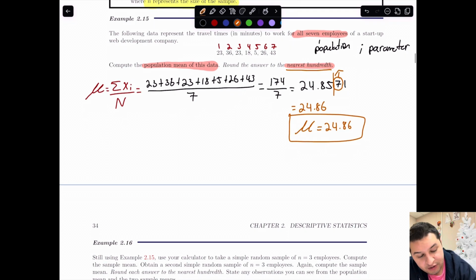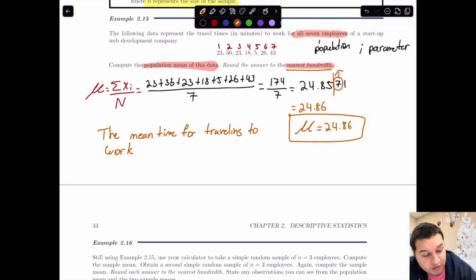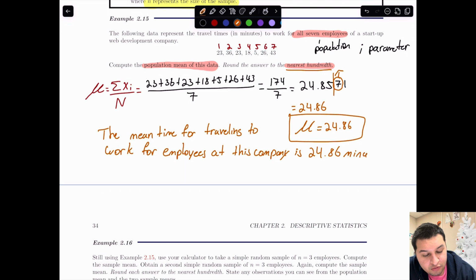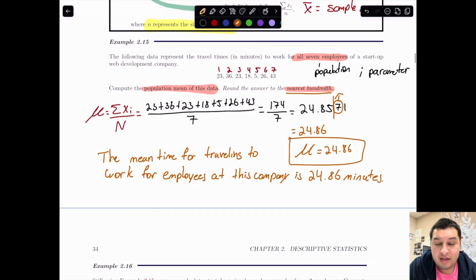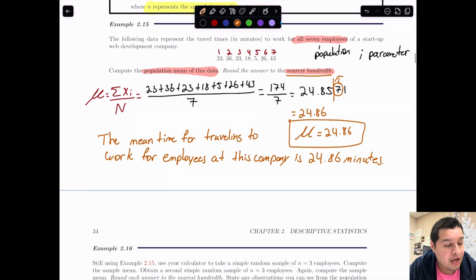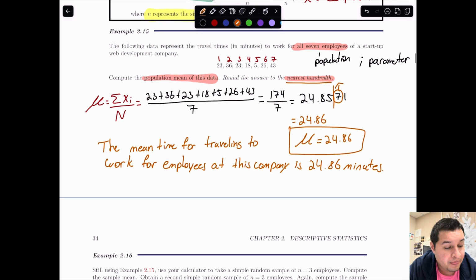So we're going to write over here: the mean time for traveling to work for employees at this company is 24.86 minutes.